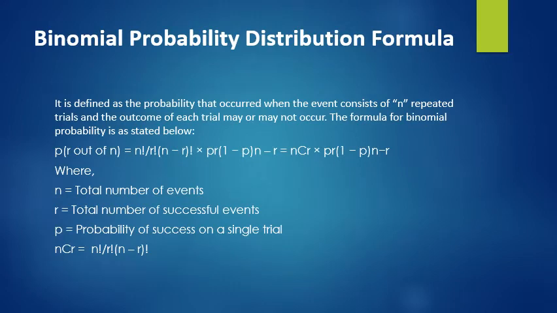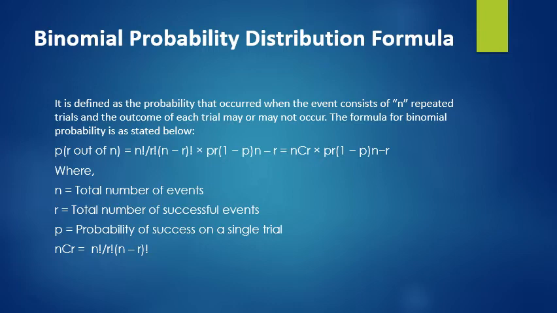Binomial probability distribution formula. It is defined as the probability that occurs when the event consists of n repeated trials and the outcomes of each trial may or may not occur.